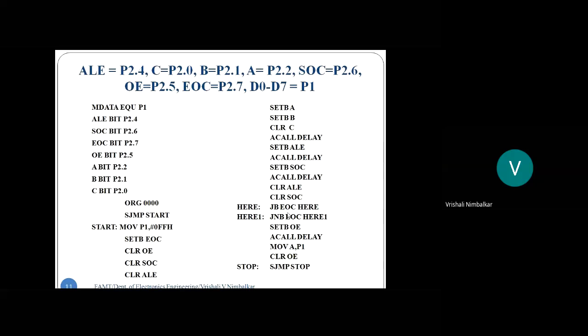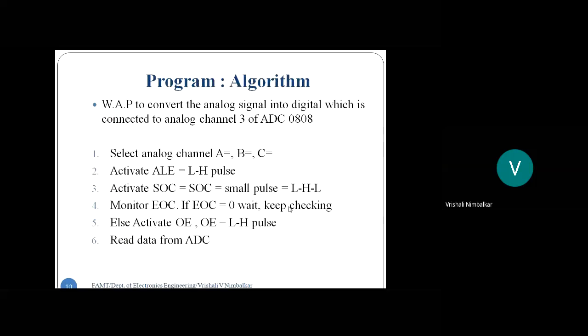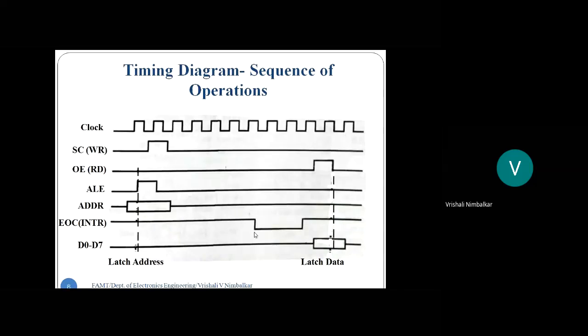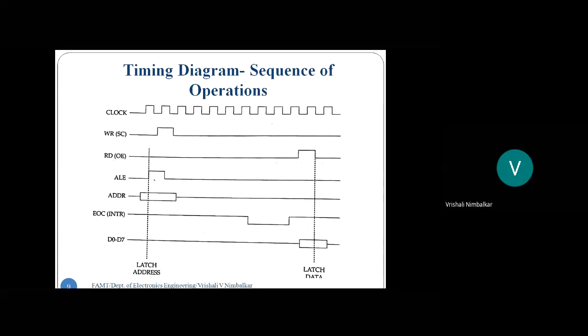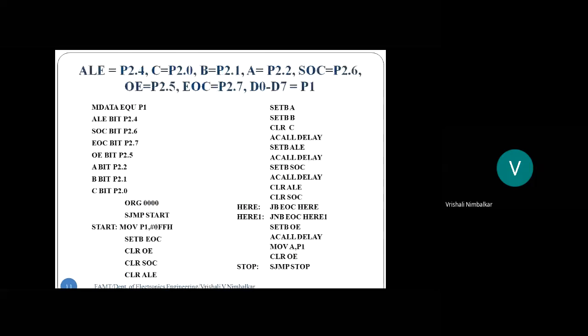Right? And now we will keep on checking the end of conversion pulse. Now end of conversion, what is that? I should first find logic 0, that is the falling edge, and then find logic 1. That means we have got the end of conversion pulse. So how is that done? See here. I need to find logic 0, so until EOC is logic 0 does not occur, wait in this loop.